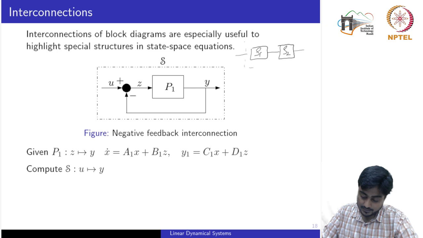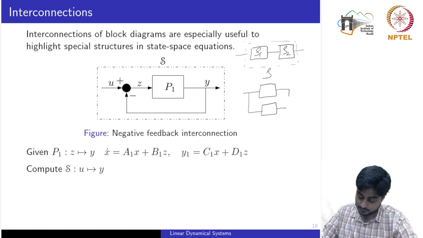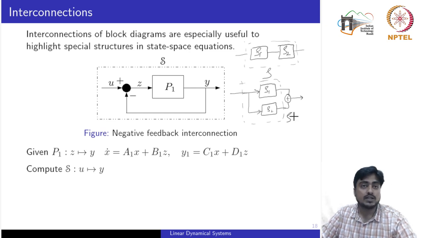So if I club them, S1 and S2, this would give me the overall system. Another one we could have is a parallel combination of S1 and S2 having the same input. Then we could also write the state space representation of the entire system.